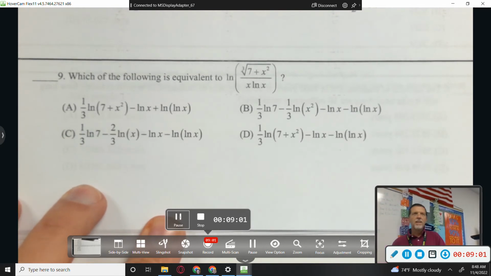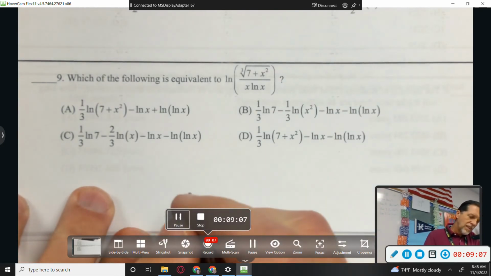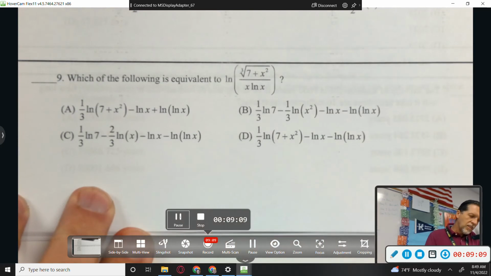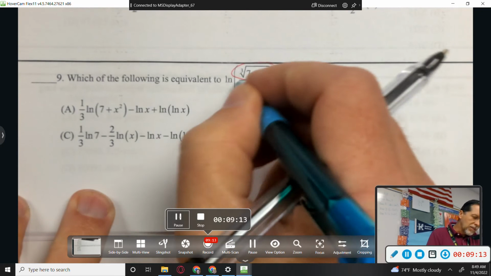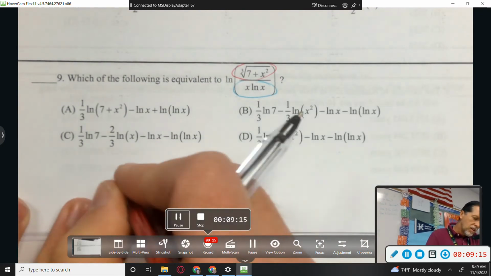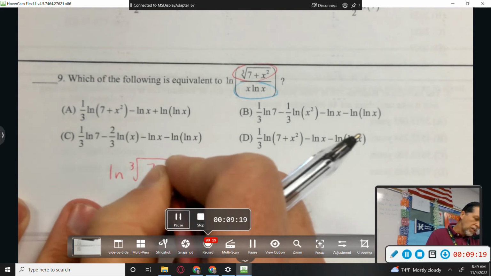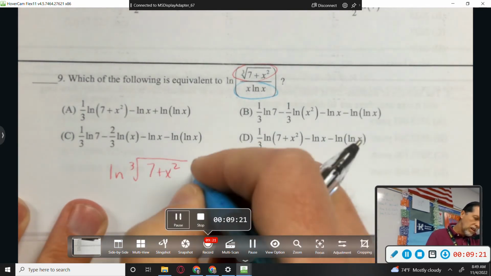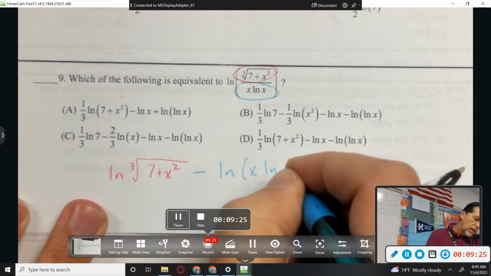We have to expand. Olivia, are you okay with that? You asked for number 8. Okay. We're expanding this, right? So let's first just expand top and bottom. Let's not get too crazy here. So natural log cube root 7 plus x squared minus natural log x ln x.